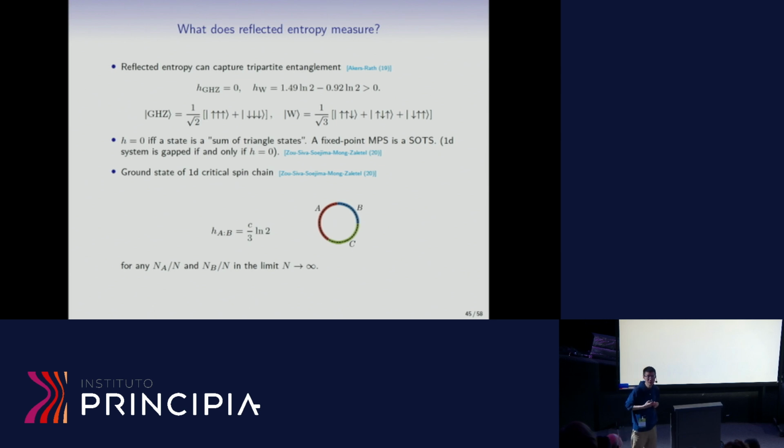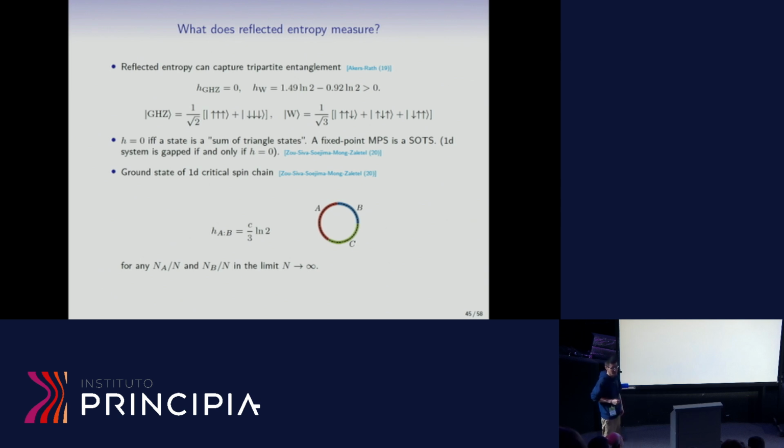First of all, we can discuss what a reflected entropy tells us in the few-qubit, few-body context. If you, for example, look at the GHZ state and the W state, this quantity H, which is the reflected entropy minus the mutual information, takes different values.